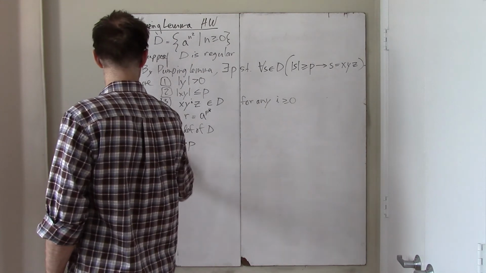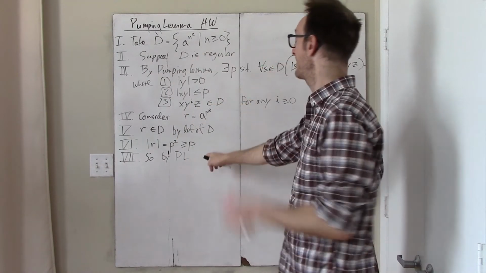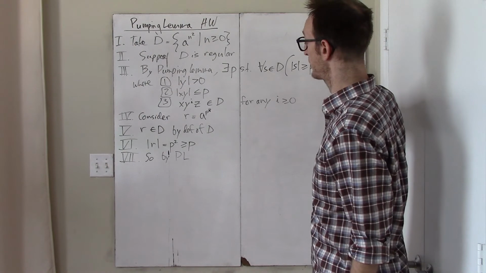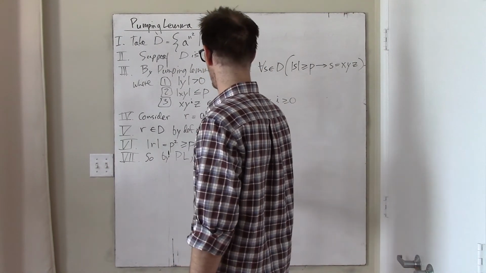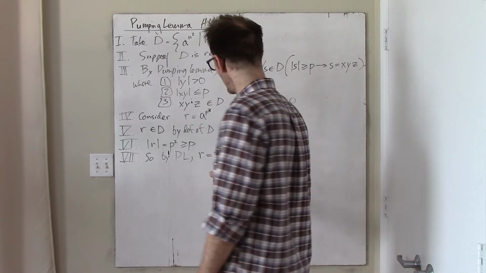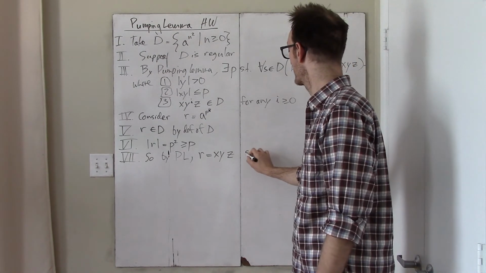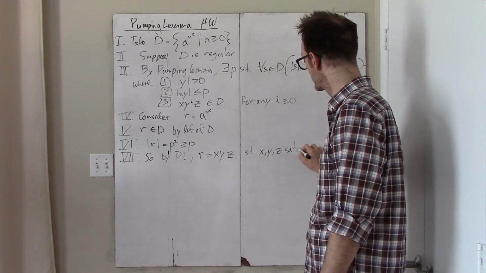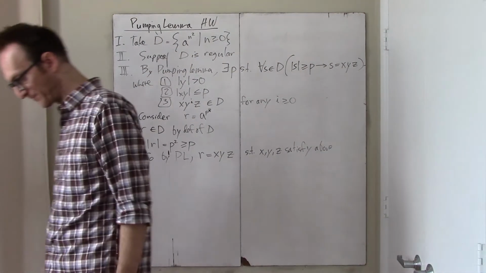It says, having established that this string R is both in the language and very long, it must be partitionable into these three regions. So by the pumping lemma, R can be partitioned into the form x, y, z, such that x, y, and z satisfy the conditions above, which I don't think we need to rewrite. Okay.